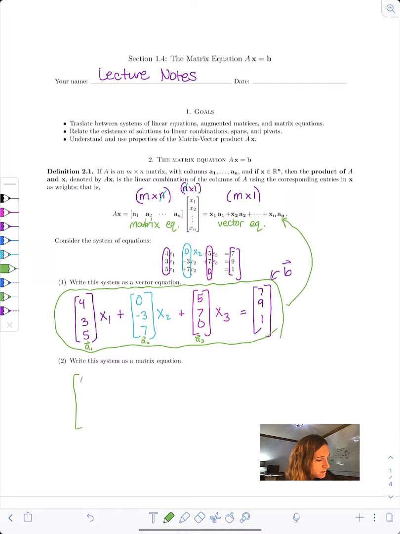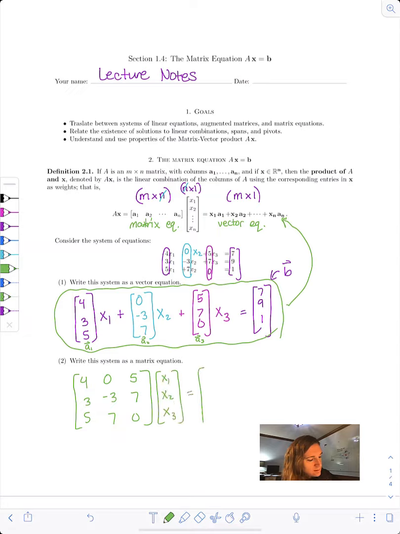And so we wind up with the first column, followed by the second column, followed by the third column, and then that's multiplied by our x vector, and we get out our b vector. So that is our matrix equation.